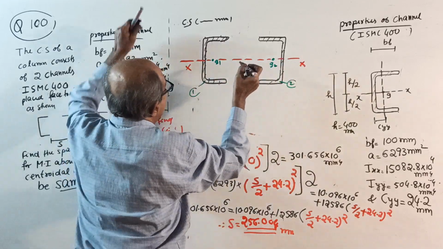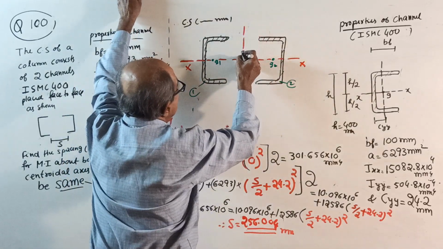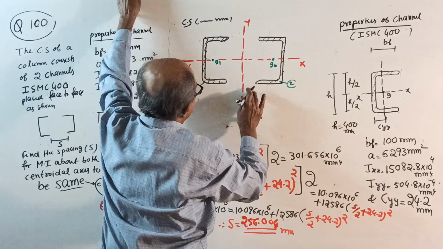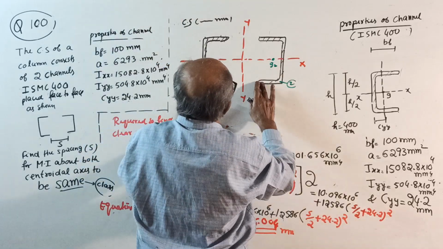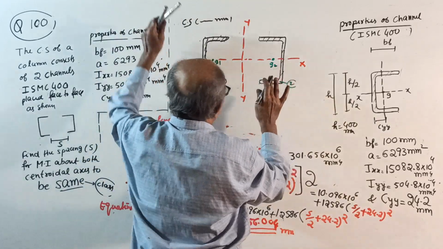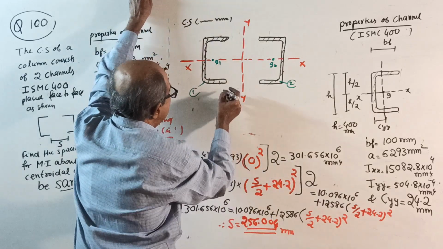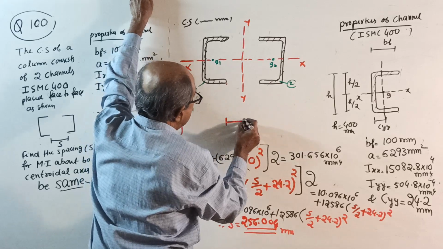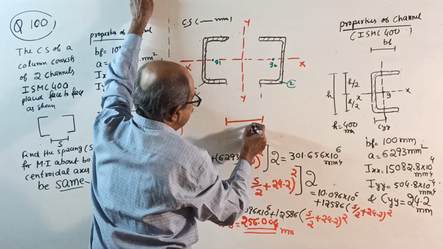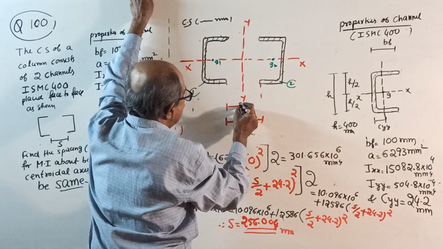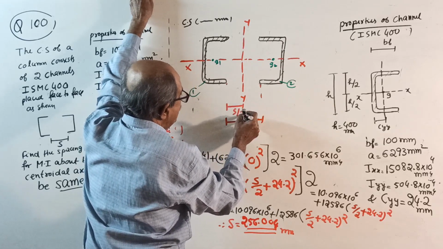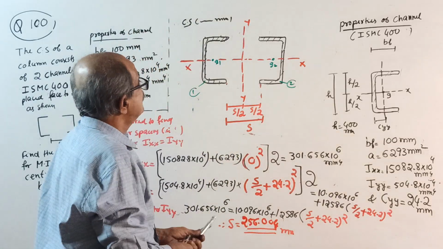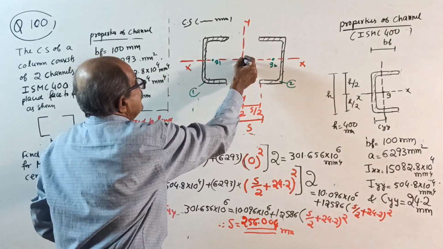Y will come here. Now see, this clear spacing is S. If that is S, this will be S by 2 and S by 2. Now, centroid is here, G.